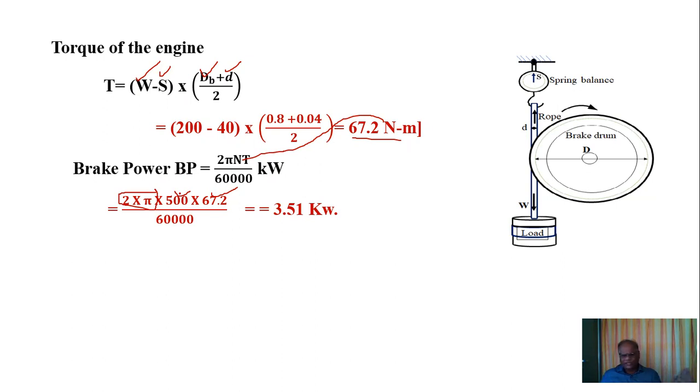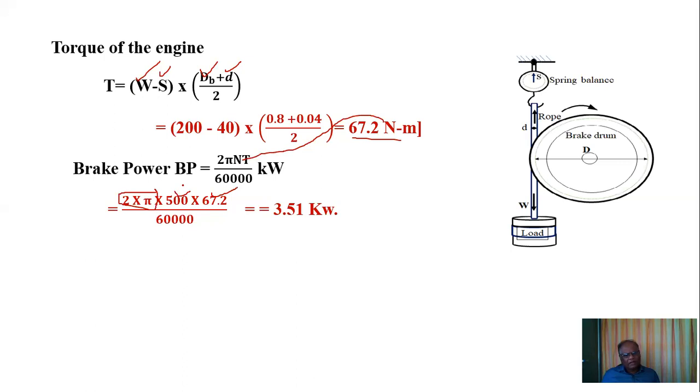It will not be changed because we are not calculating the power inside the engine cylinder; we are calculating the power at the engine shaft. Whether it is a multi-cylinder engine or a single cylinder engine, the value will remain the same when calculating the brake power.